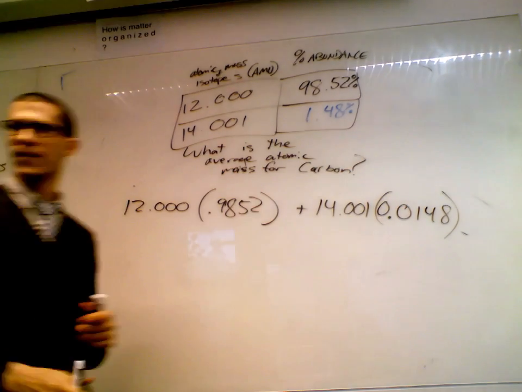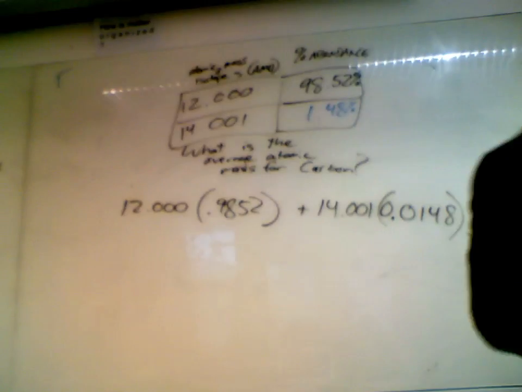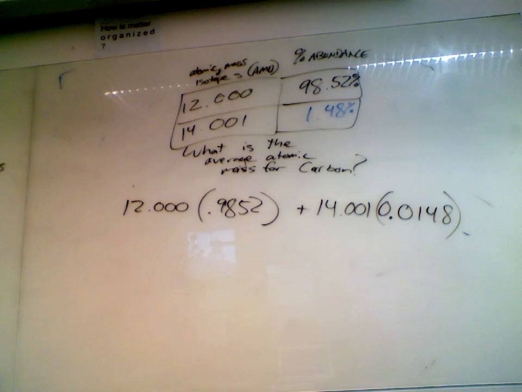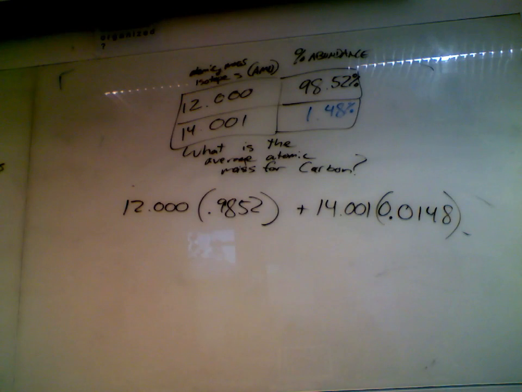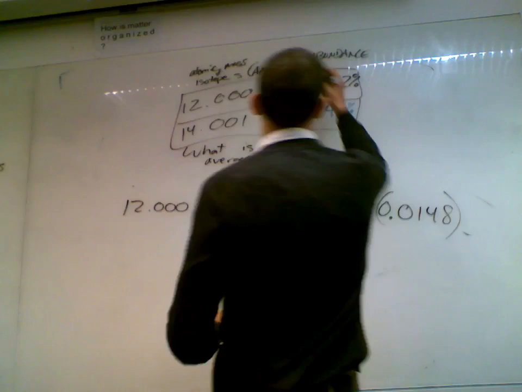I have a question about getting the 1.48. When you subtract 100 from 98.52 in sig figs, I get 2.5 or something. For that percent abundance, the 100 is not going to limit your sig figs.